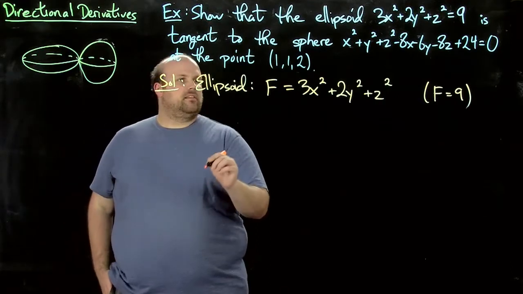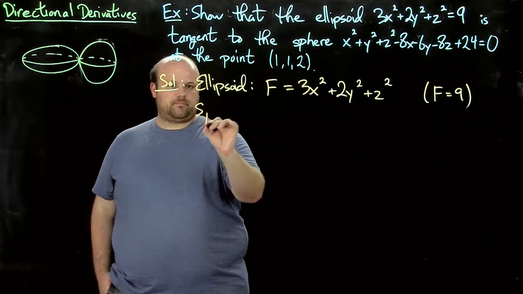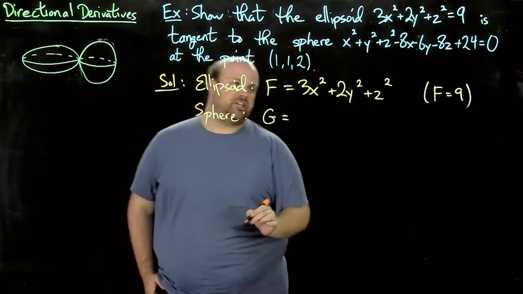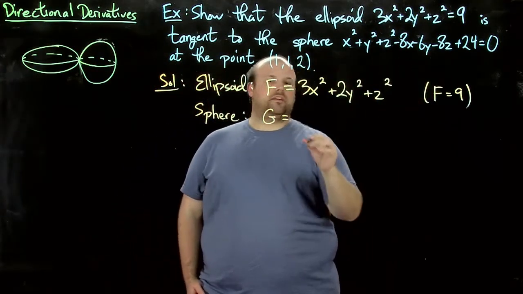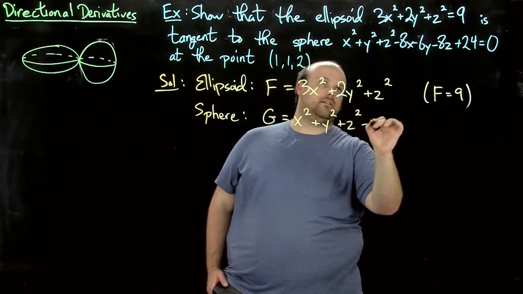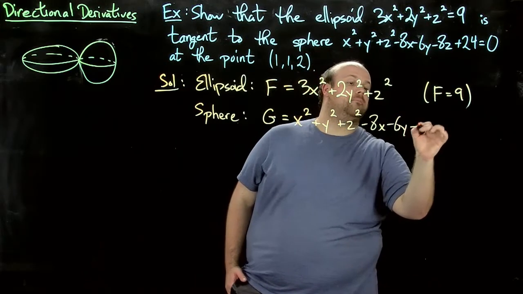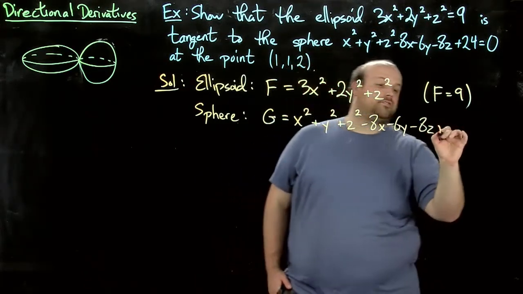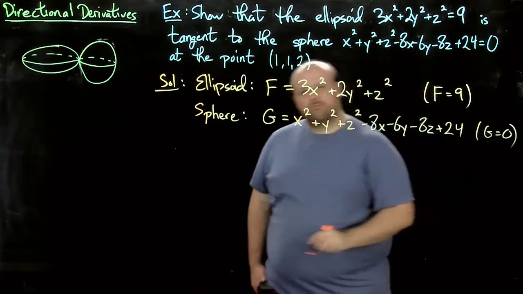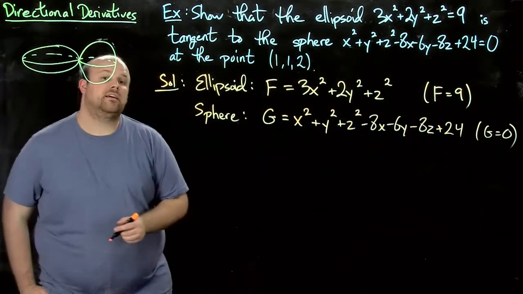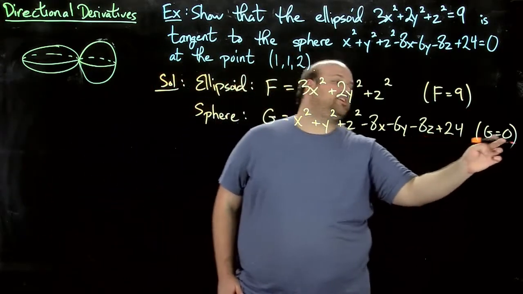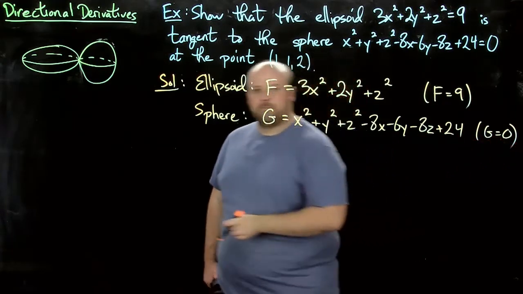Now the sphere, this one will be given by g. Just take this whole thing here: x squared plus y squared plus z squared minus 8x minus 6y minus 8z plus 24. And in this case, the sphere is g equals 0. If you're wondering, yes, we can leave off the 24 here, but then g has to be negative 24.